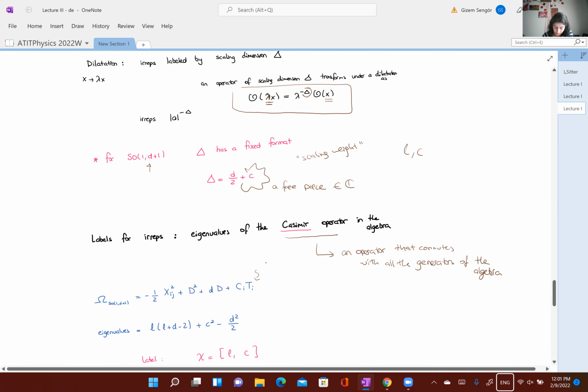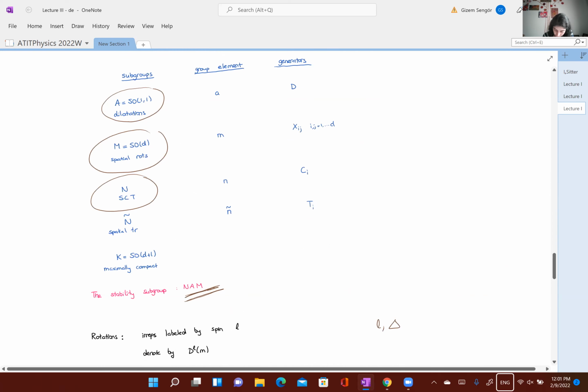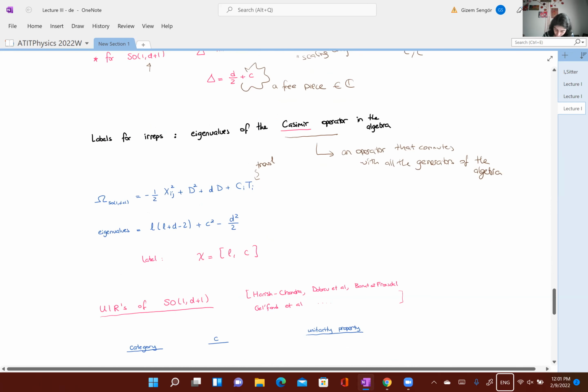These denote the translations, these are special conformal transformations, and this is just spatial rotations. You know the algebra, like the commutator of C_i with T_i, all these things. So using that algebra, you can check for yourself that all these commutators will be 0.